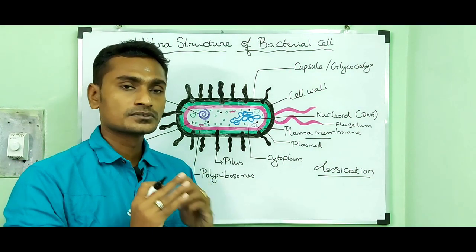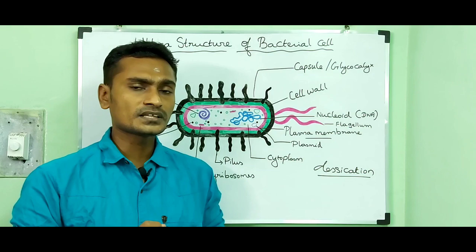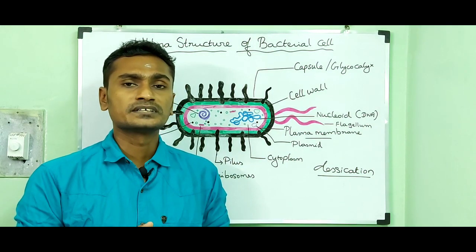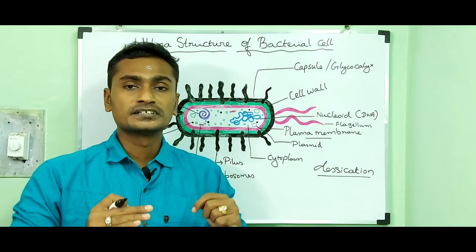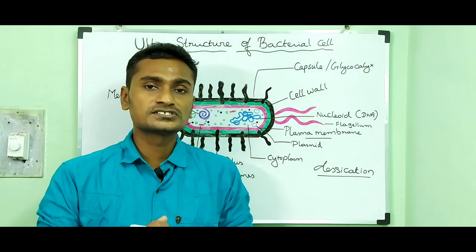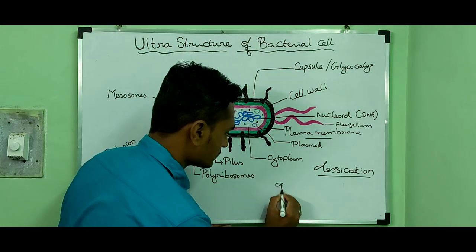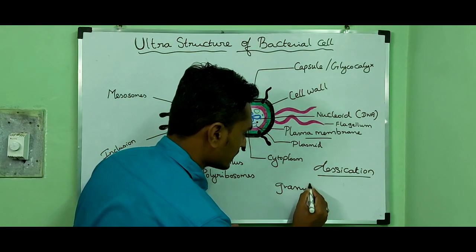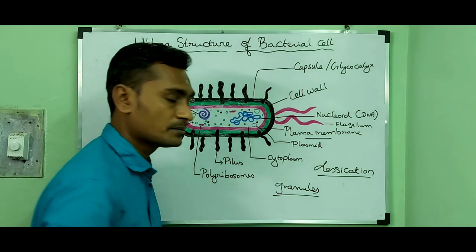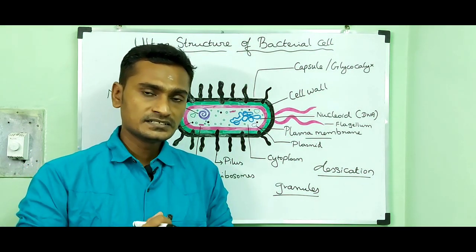Then I am going to tell about the cell wall of bacteria. The bacterial cell wall contains granules and it shows rigidity. In gram-positive bacteria only, we are able to find granules, while in gram-negative bacteria, granules are absent in the cell wall.